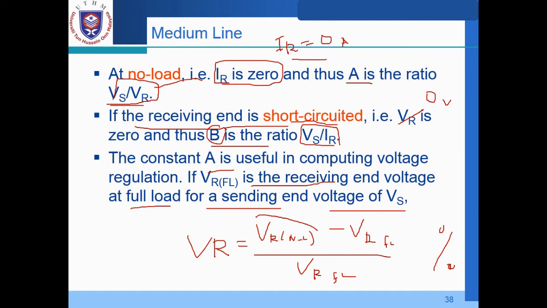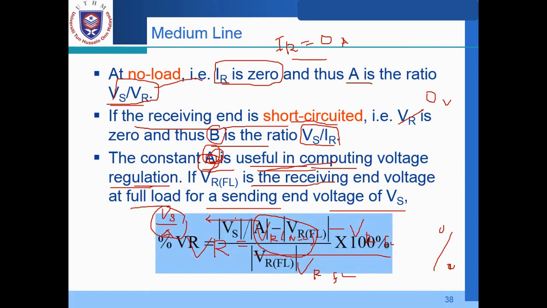We have seen that during no load, where IR equal to 0, the receiving end voltage is equal to VS, the sending end voltage, over A. So this is why constant A is useful in computing voltage regulation, due to this relationship. This is what I explained earlier. So we have the modulus of VS, we take the magnitude value only, over A, minus VR full load, over VR full load.